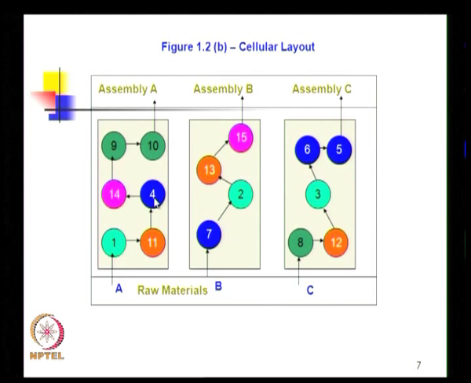Second operator will now walk up to this, take this piece, put it on 10, and whatever is unloaded will go out. So the part will have a route 1, 11, 4, 14, 9 and 10, but the operators, one of them will be moving between 1, 14, 9, the other will be moving amongst 11, 4 and 10 respectively. So various combinations are possible, and these have to be done in a very effective manner.